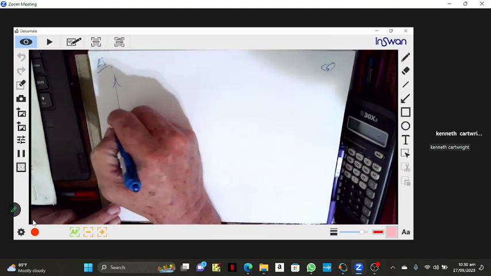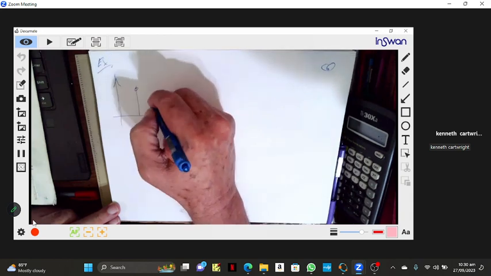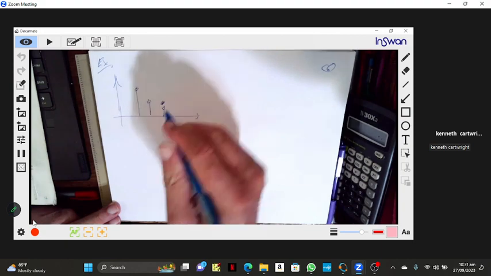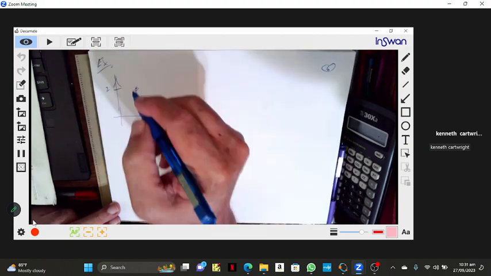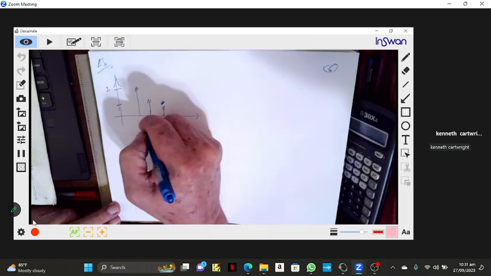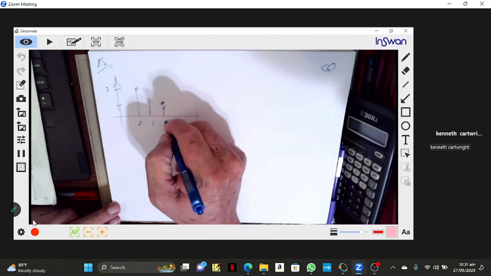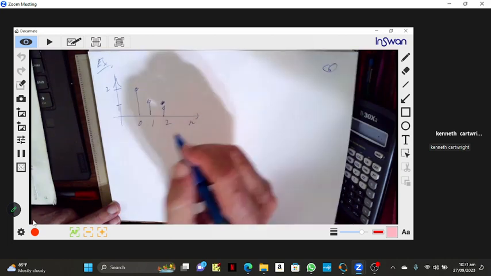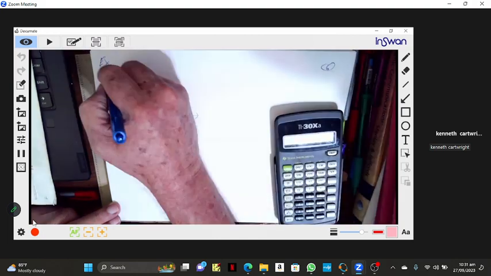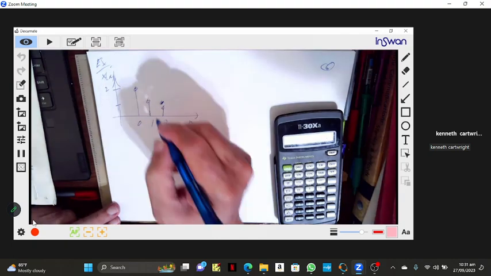Here's a waveform. Two, 0, 1, 2, x of n. 1 is 0.5.